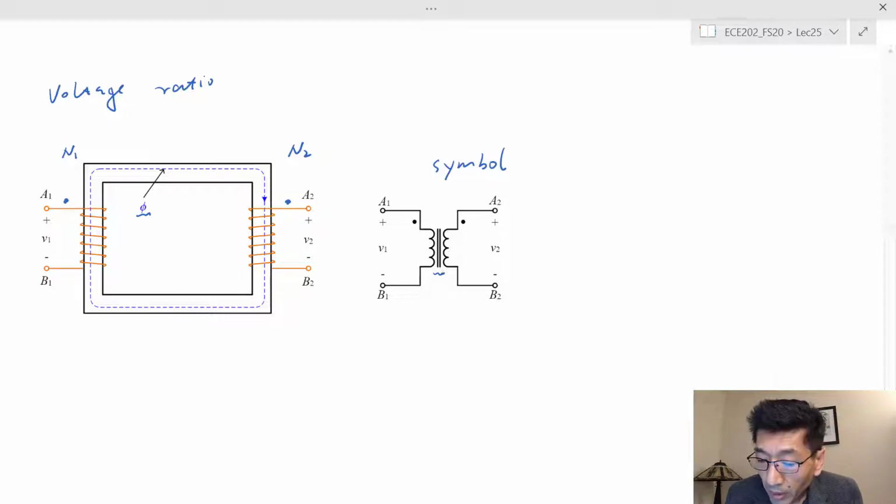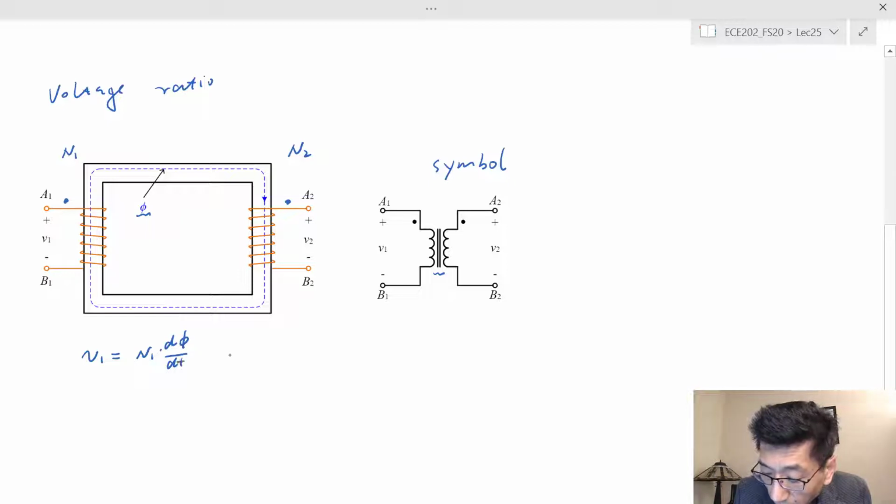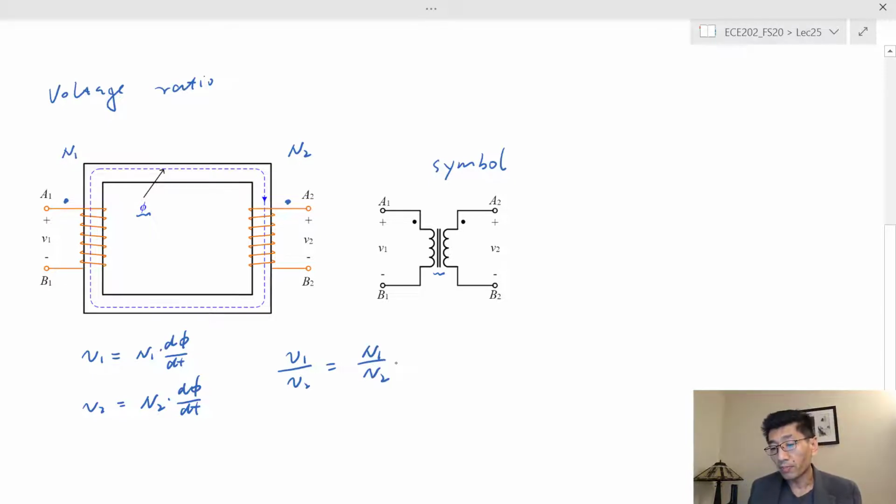Based on Faraday's law, V1 is equal to N1 times d phi dt, and V2 is equal to N2 d phi dt. Therefore the ratio V1 over V2 is equal to N1 over N2. Very simple, right?